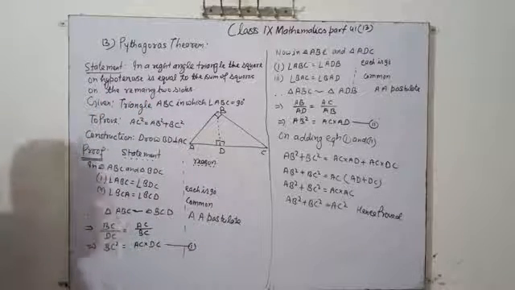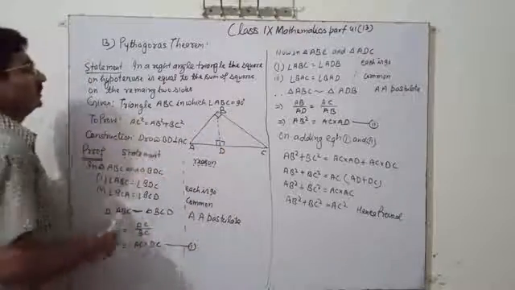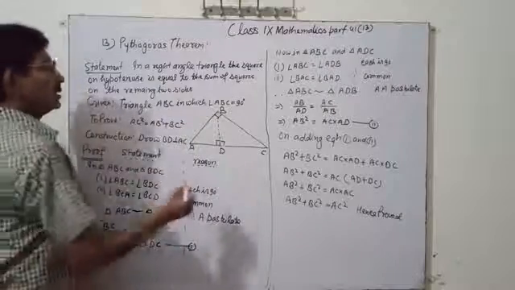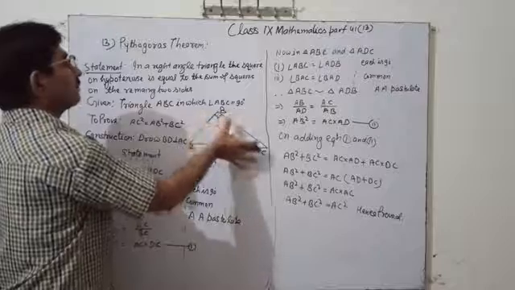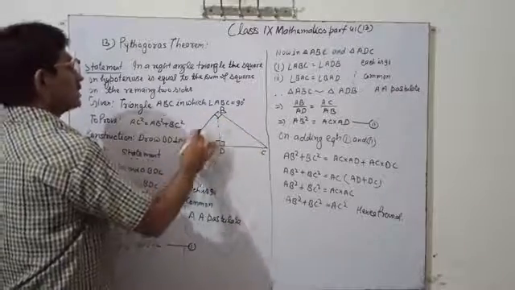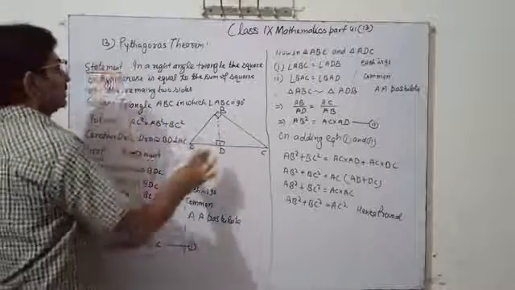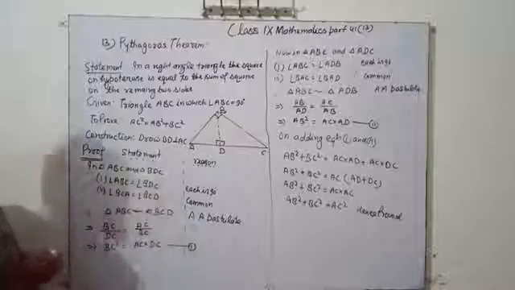Keep in mind, given triangle ABC, we require to prove AC square equal to AB square plus BC square, because in triangle ABC, which is a right angle triangle, AC is the hypotenuse. Triangle ABC in which angle ABC is 90 degree.